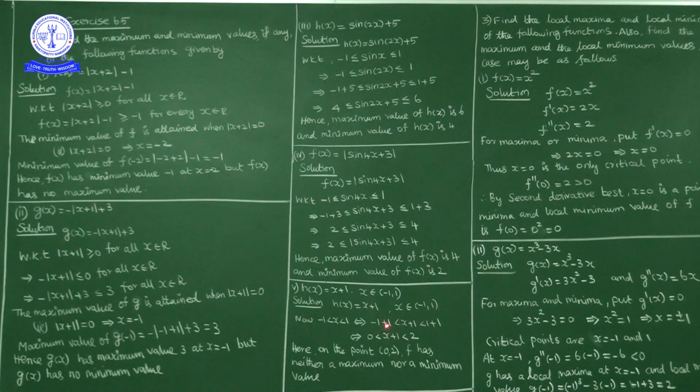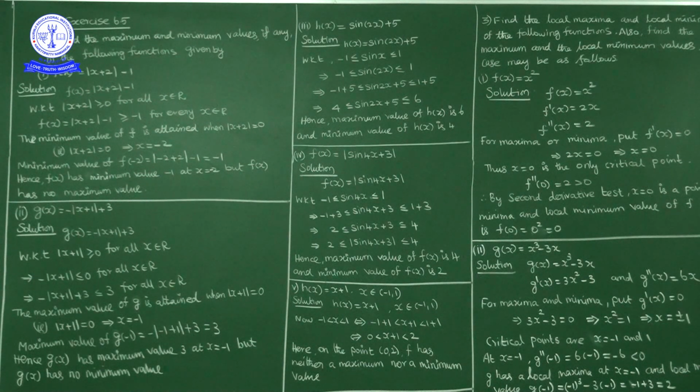Close to 0 could be 0.00000 and then a 1 after some places, or 0.000 with a 1 after even more places, so you cannot write a particular number close to 0. So the minimum does not exist, and the maximum also does not exist. h of x has neither maximum nor minimum value.